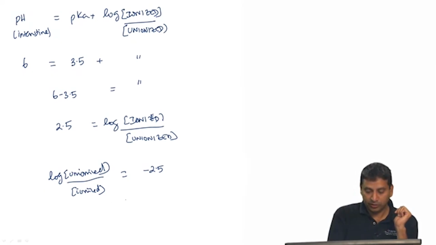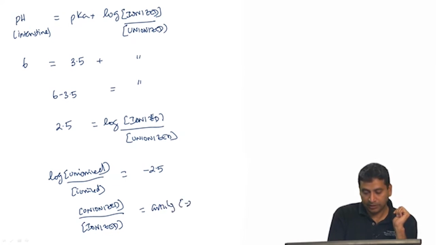So, this value, the concentration of unionized divided by ionized, equals the antilog of minus 2.5, which is nothing but 0.00316.